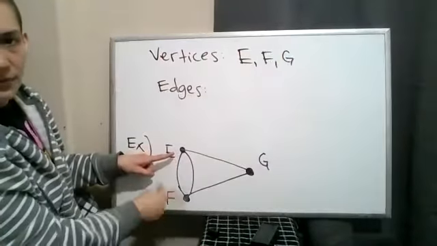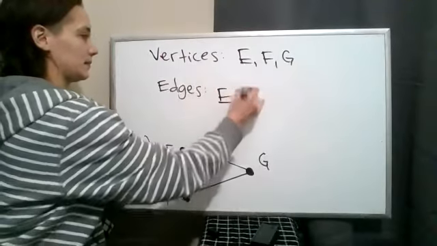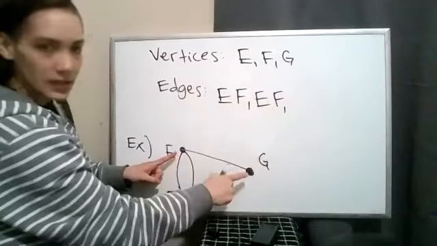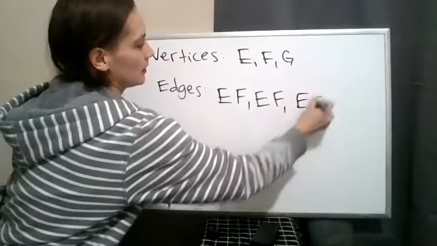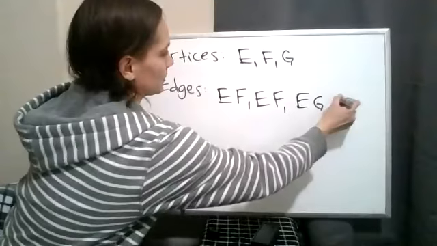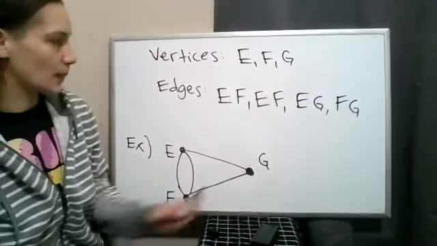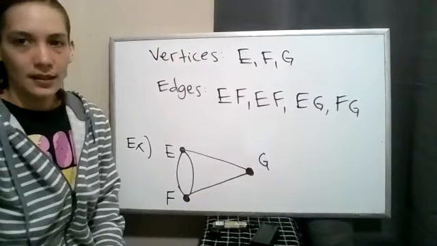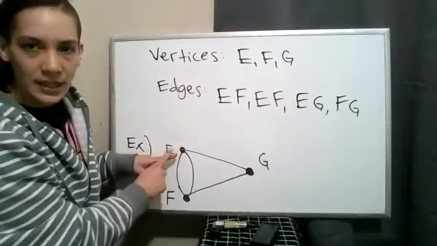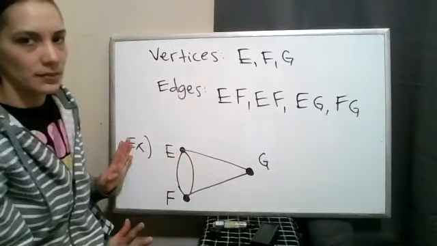We have EF and also EF, and EG. Last one would be FG. So again, multiple edges, EF and EF. Then we have FG, EG. The list is done.